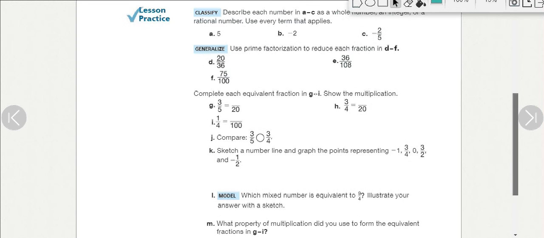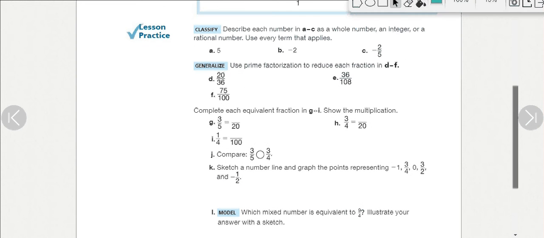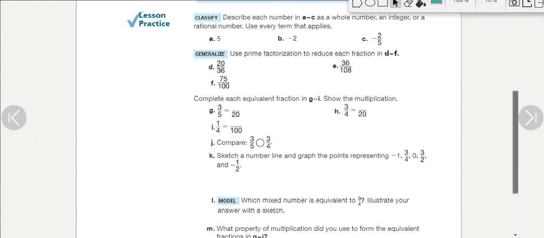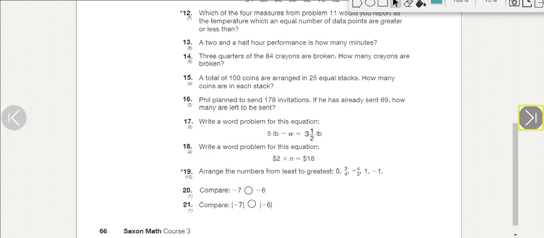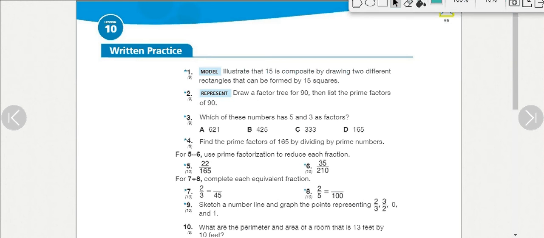One more time. C, D, G, H, I, J, L, M, N. Best of luck. Work hard.